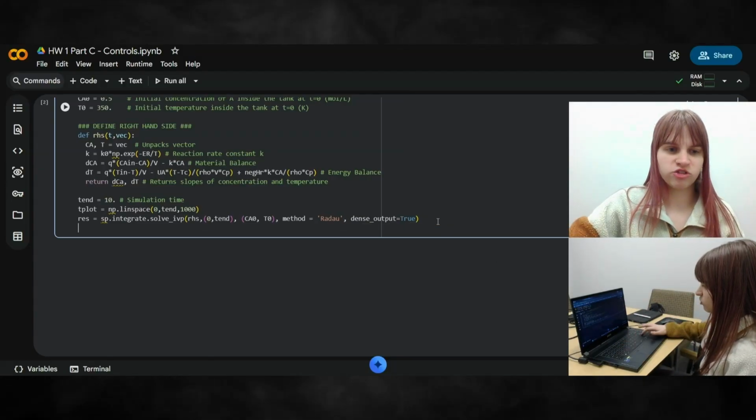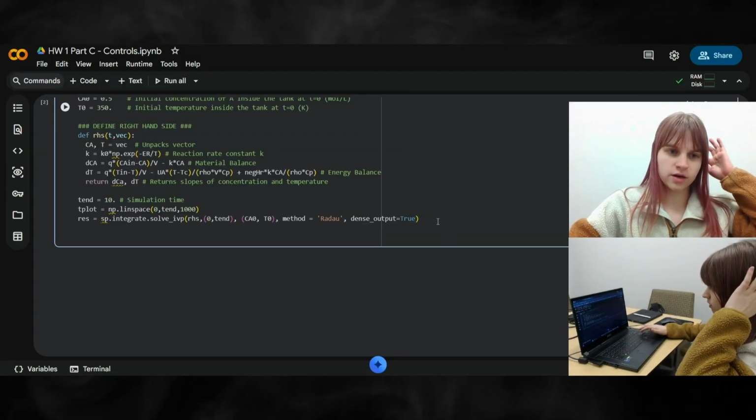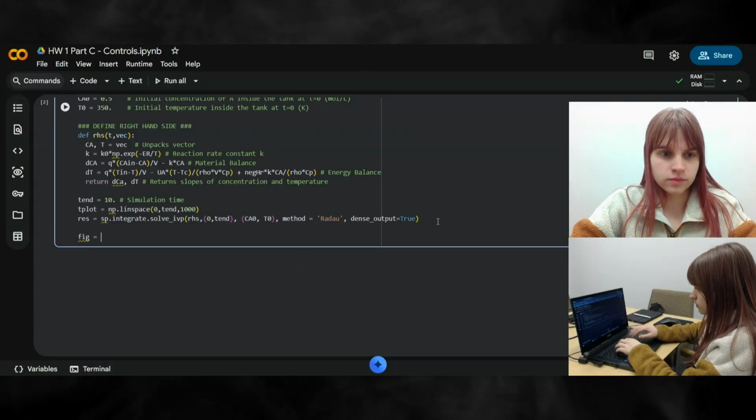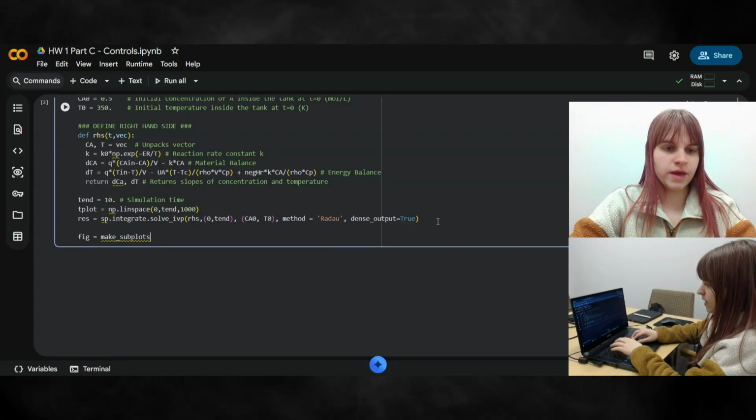Now we need to make sure that we are able to plot this. Make subplots.